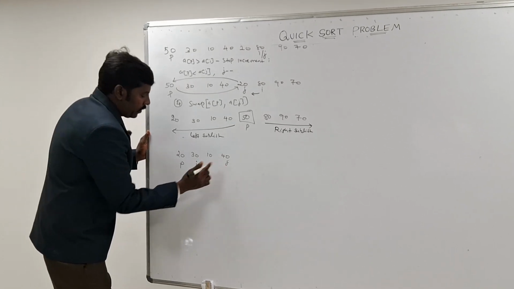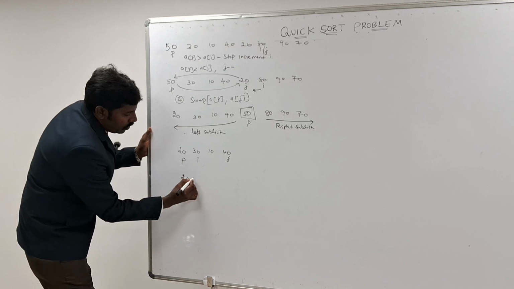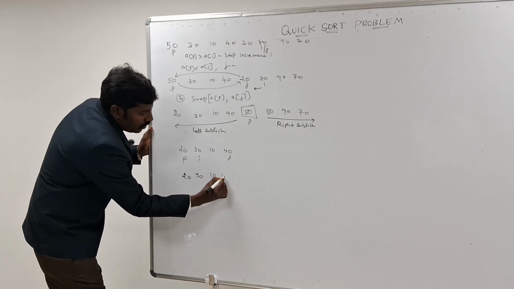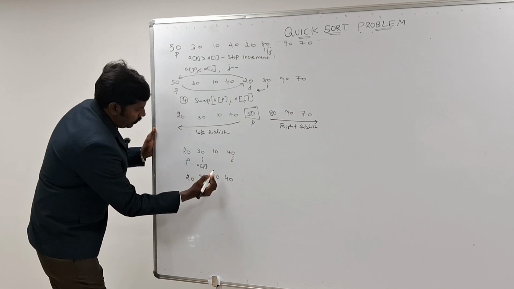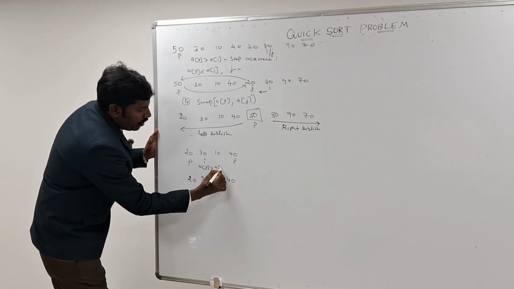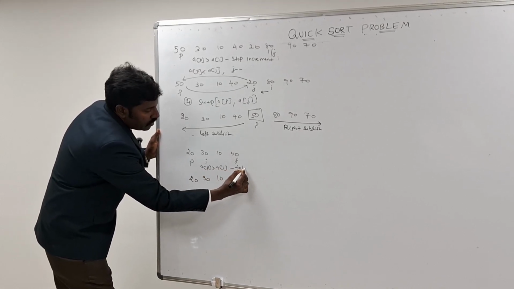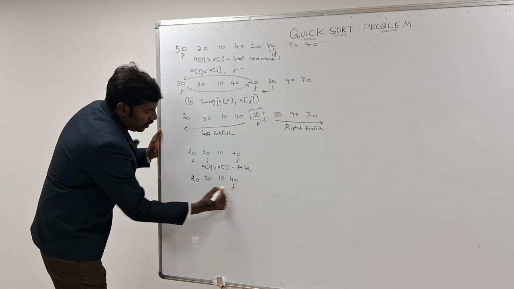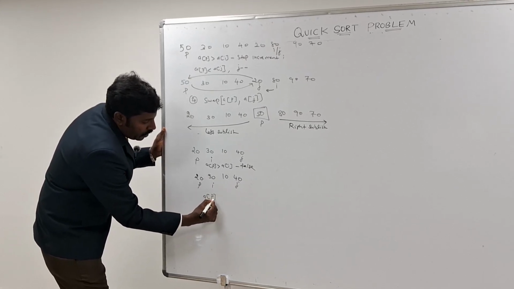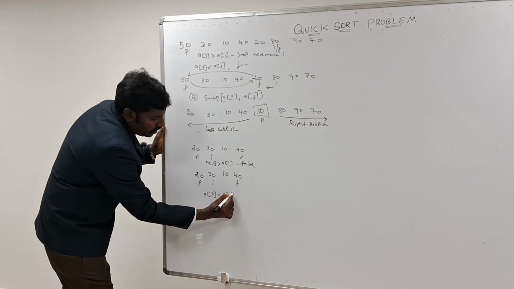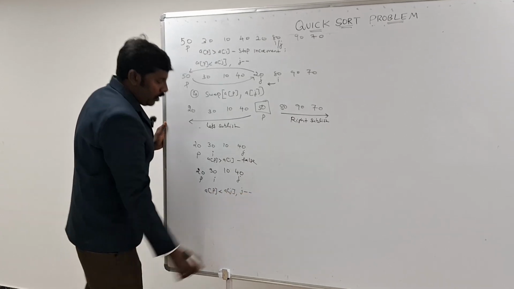Then check with the J, 10, 40. Here A of P greater than A of I, condition false. So go to J, so A of P, then A of J, the condition is true, J decrement by 1.